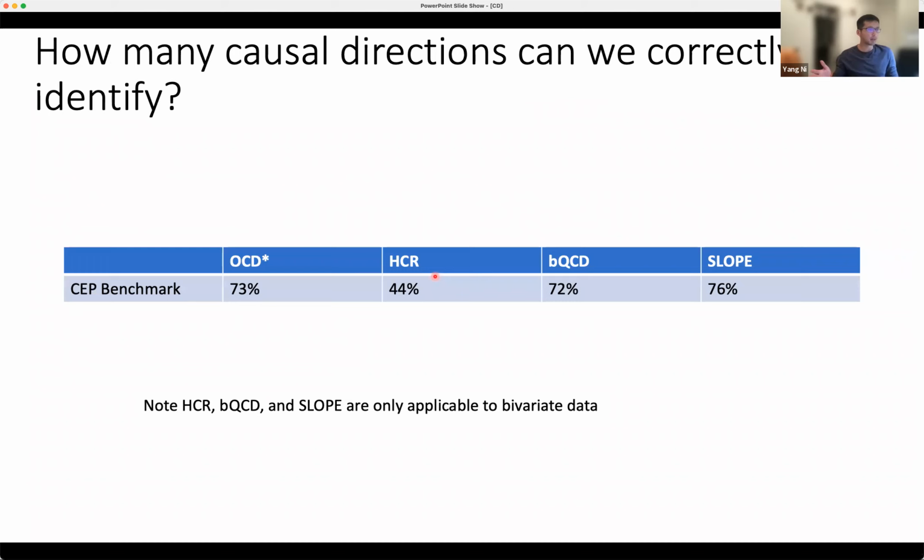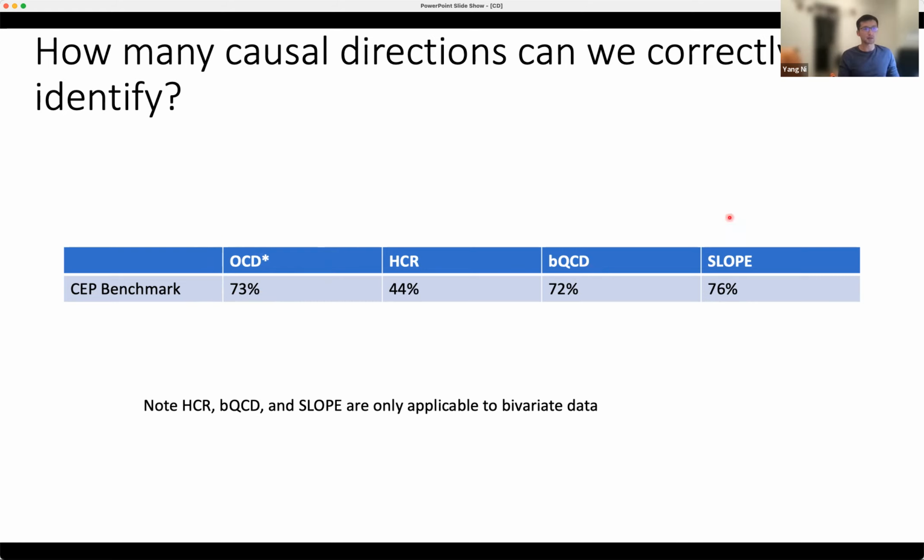So here's the result. Again, we compare to many methods, but we just show a few relevant methods here. OCD is our method. Out of these 99 pairs, we were able to identify 73%, significantly higher than 50%. If you had to guess, that would be a 50% causal discovery method. So we are significantly better than a random guess. We are not the best in this particular data set.